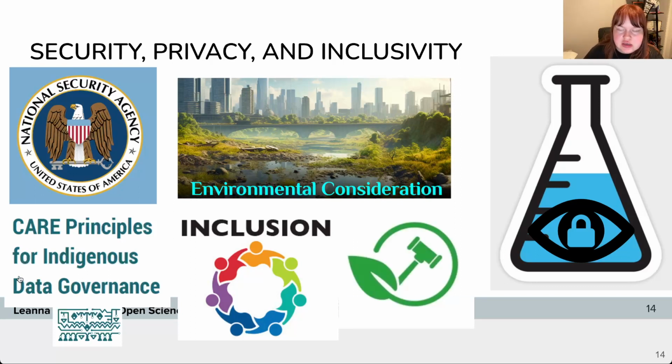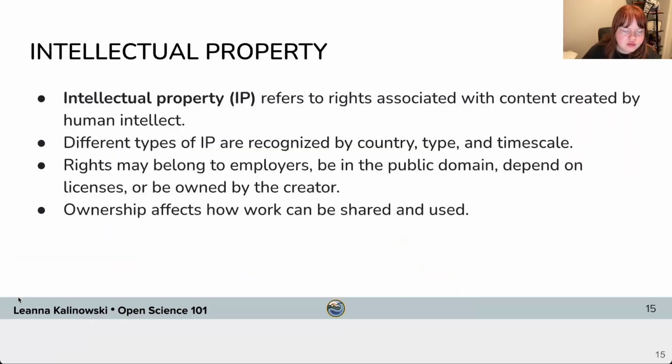And lastly, if your work is in any way applicable to environmental justice, it is important that open science prioritizes the fair treatment and meaningful involvement of all communities in environmental policies. Okay, so that's security, privacy, and inclusivity.